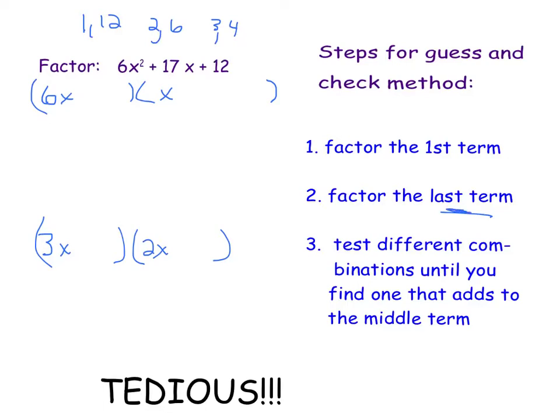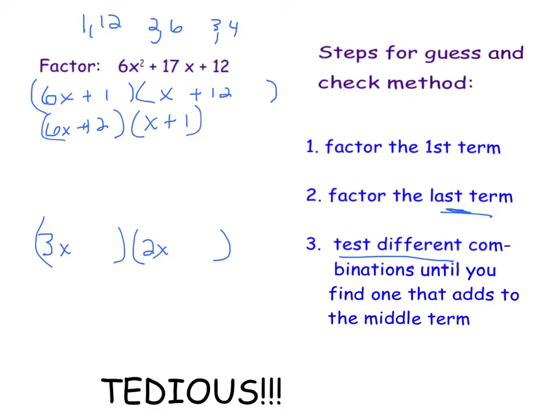So bottom line is, after you factor the first and the last, you just test out the different combinations until you find the one that adds to the middle term. So we could have 6x plus 1 times x plus 12, or we could have 6x plus 12 and x plus 1.